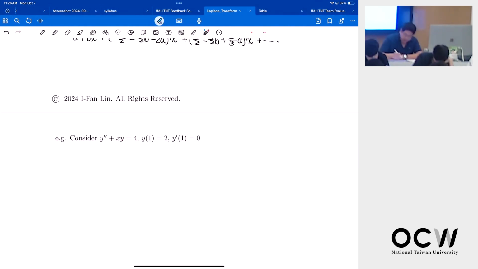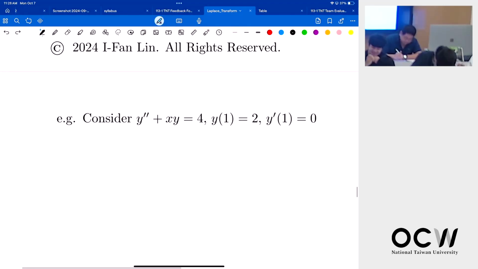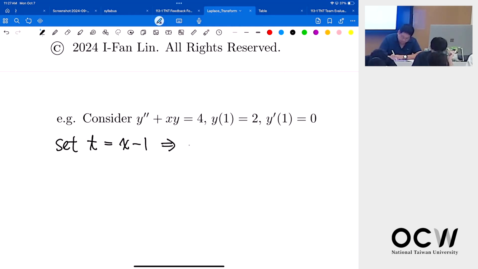But we can also change variables, to try to make these initial conditions at 0. Since it is at 1, we can shift it back to 0, which means t equals x minus 1, then x equals 1 plus t.